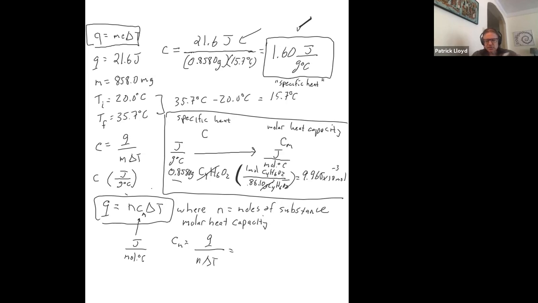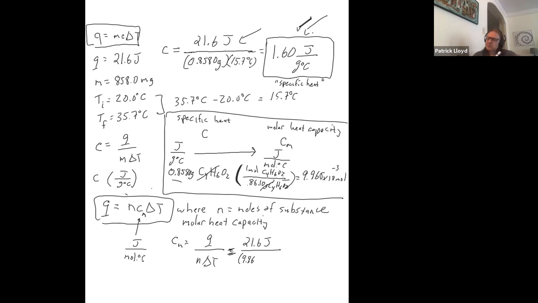Okay, so second problem here, I did the specific heat capacity over here just to remind you how to do that. Now we're going to use this equation for the molar heat capacity. So it's 21.6 joules again, over the number of moles, which was 0.858 over 86.10.